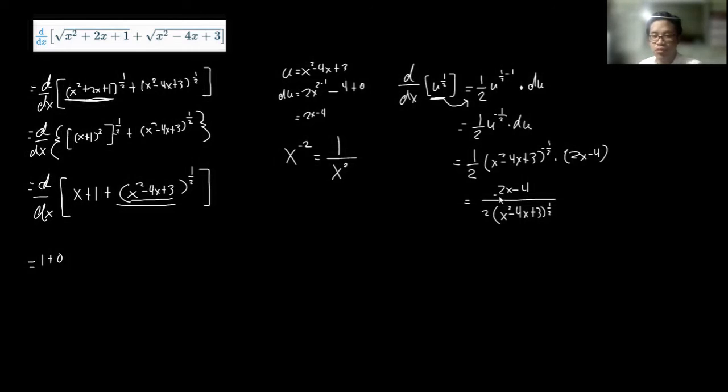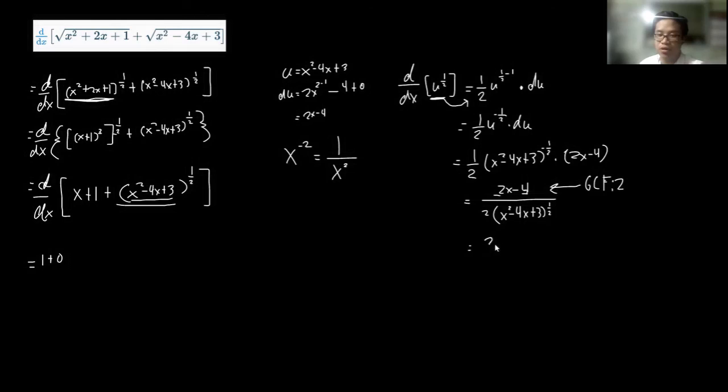And now these two terms, we have 2x and 4. You can see both of them have something in common, because 2x and negative 4 are both divisible by 2. So the GCF of 2x minus 4 is 2. Therefore, I'll bring out 2 outside.